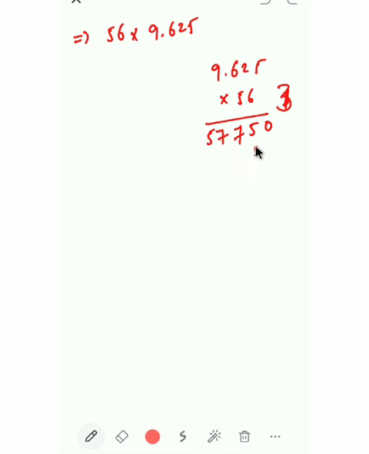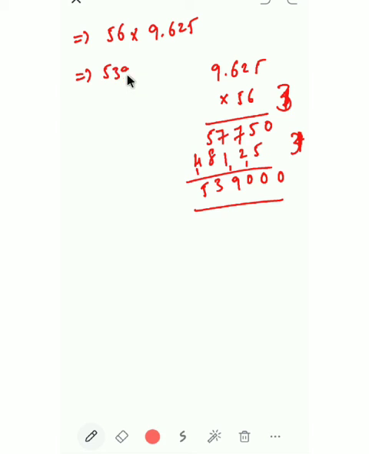Next 5 5 is 25, 5 here, 2 carried, 5 2 is 10 plus 2 is 12, 2 here, 1 carried, 5 6 is 30, 31, 1 here and 3 carried, 5 9 is 45, 45 plus 3 is 48. So we get 539000, and with the decimal places, the point goes here. So 539 centimeter square is the area of 56 buttons.